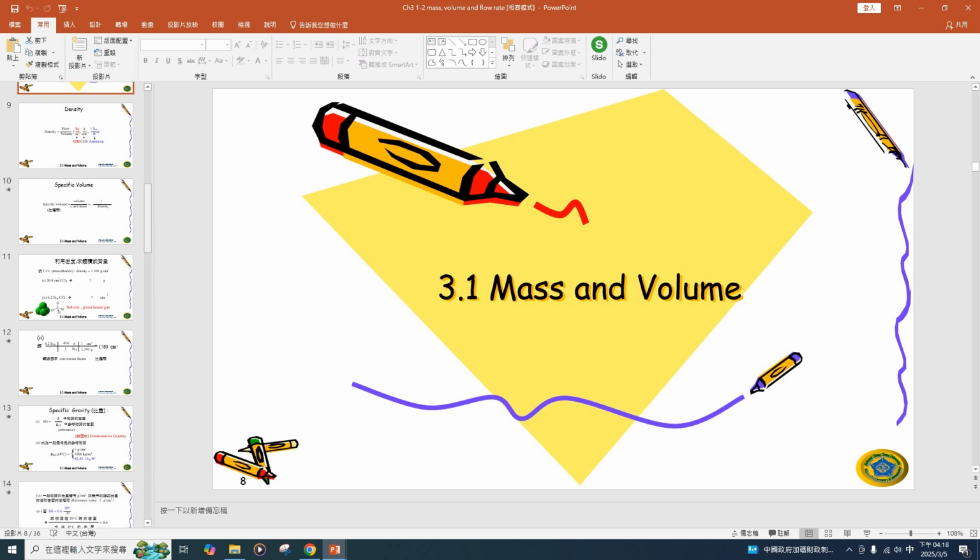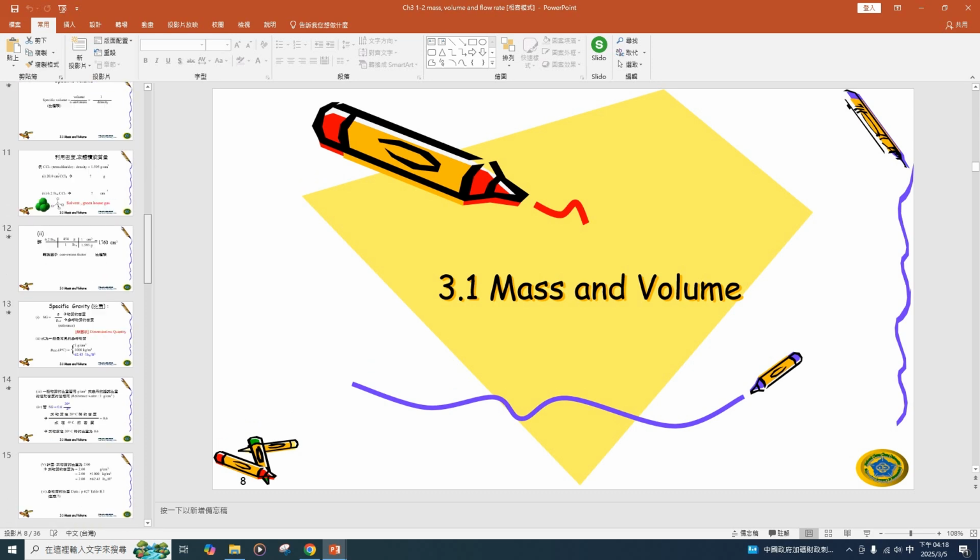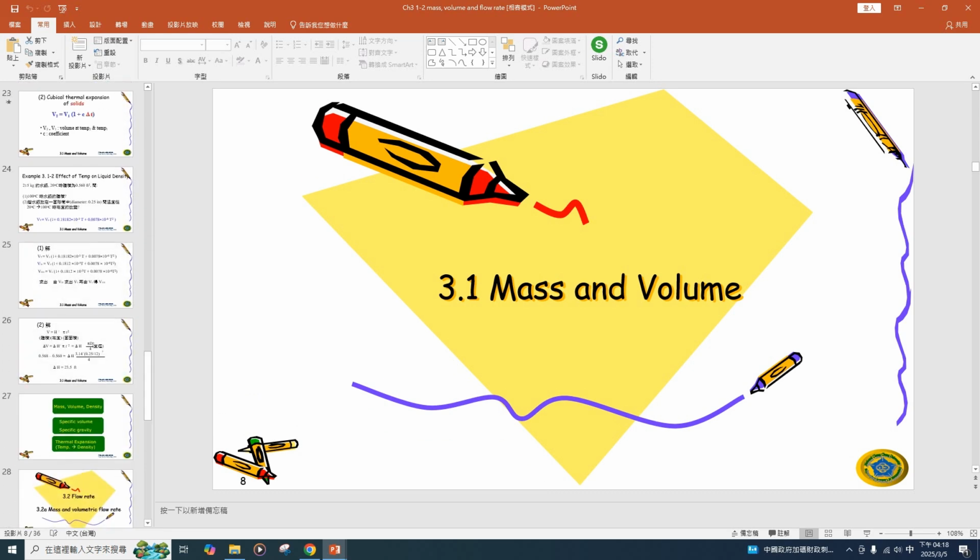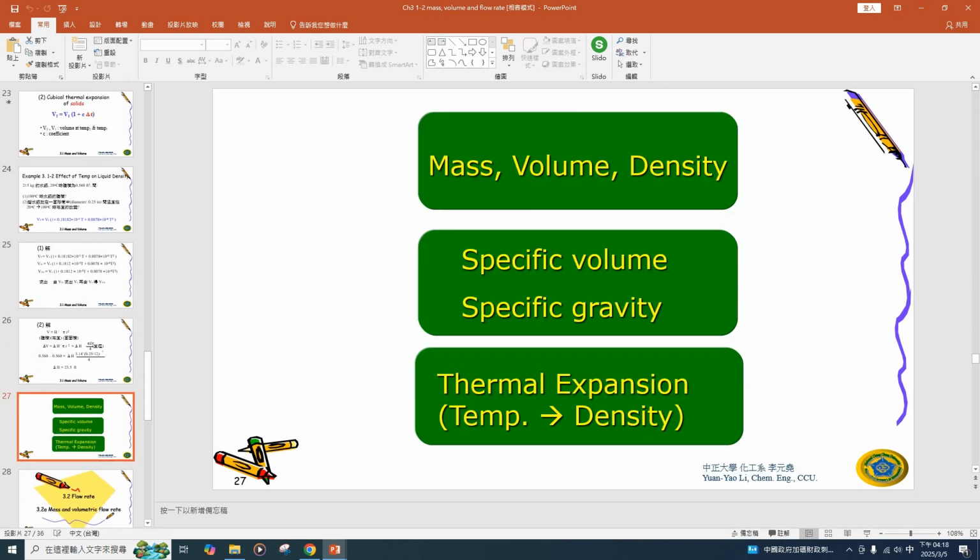We understand the mass value with density, and the conversion factor is density, right? The specific volume is the reciprocal of the density, okay? And specific gravity, you understand that, right?